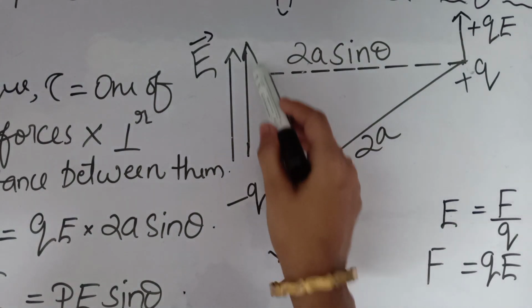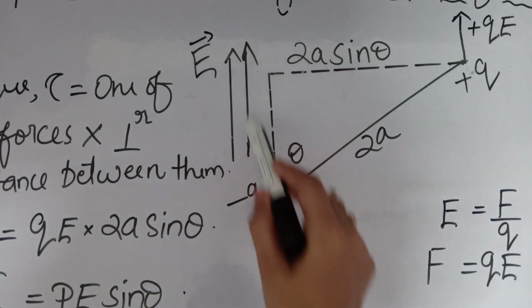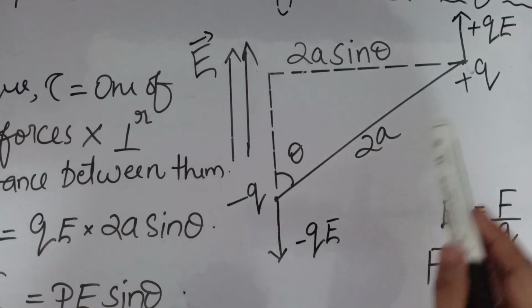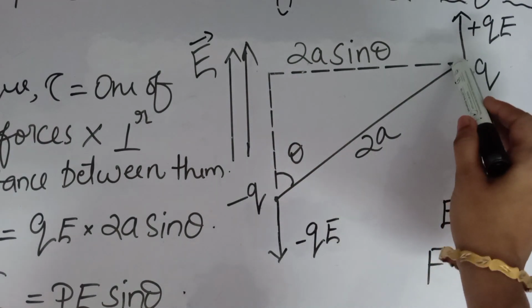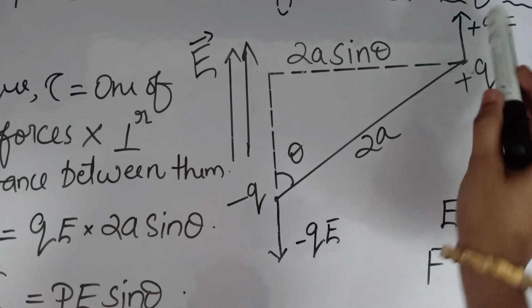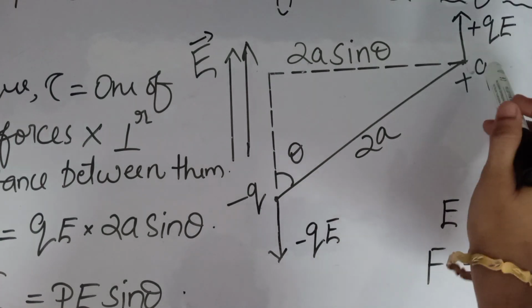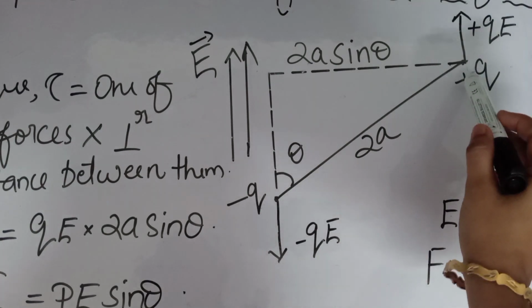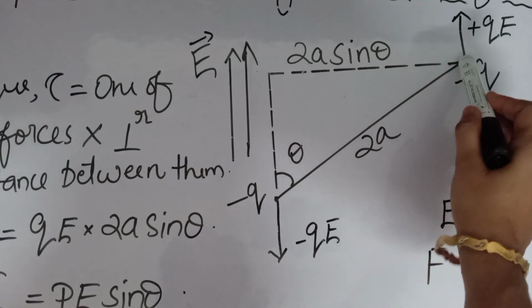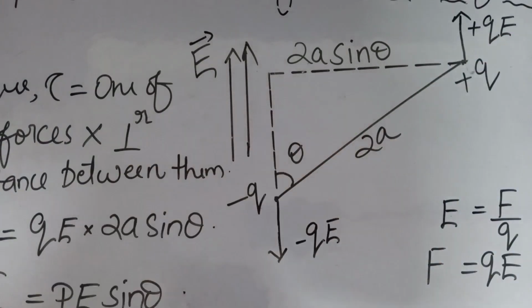Here we can see the direction of the electric field is upwards like this. Then the positive charge also will experience a force in the same direction as the electric field. Here we can see that plus QE is the force due to this plus Q charge, and it will be acting in this same direction as the field.